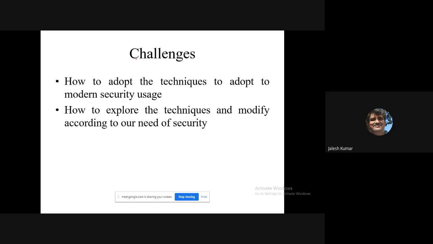Okay, if you are incorporating it, at what level, whether at the transport layer level, network layer level, or application layer level, where to adopt this particular technique.